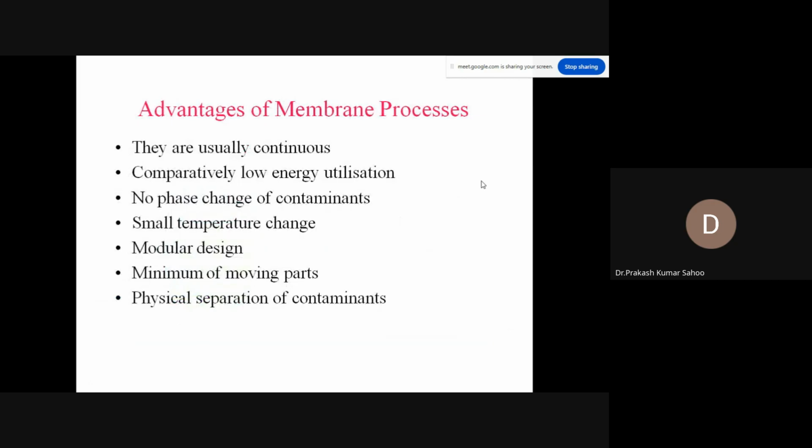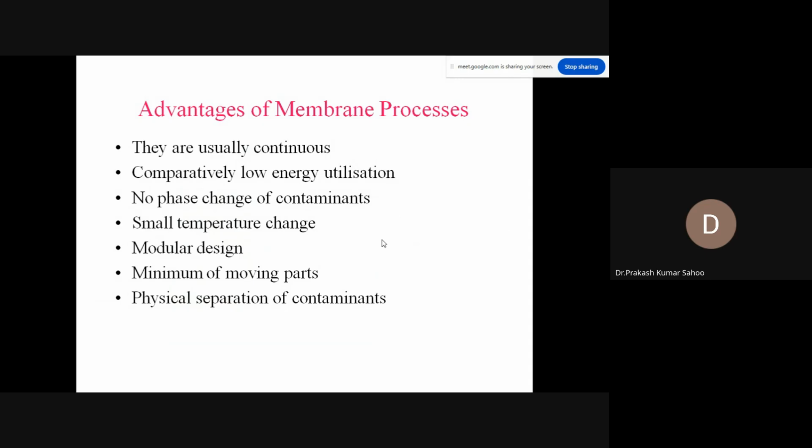So the advantages of membrane processes: they are usually continuous, comparatively low energy utilization, no phase change of contaminants, small temperature change, modular design, minimum of moving parts, physical separation of contaminants. So these are some advantages of our membrane separation.